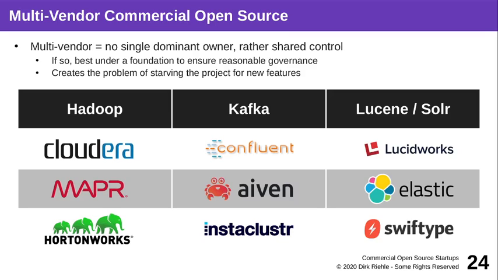Actually, some merged. I think Elastic bought Swiftype. So you see that you can have a multi-vendor situation, though often it's not entirely stable. And then in the end, it doesn't actually matter that the core is community open source software, because the main product based on top of it will come from a dominant vendor soon again.